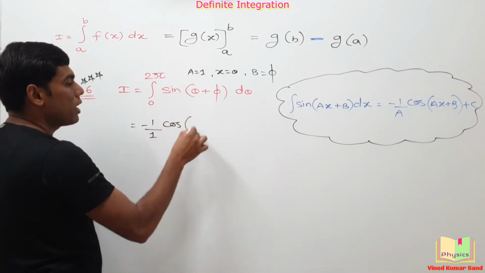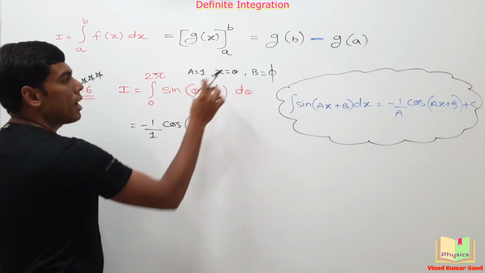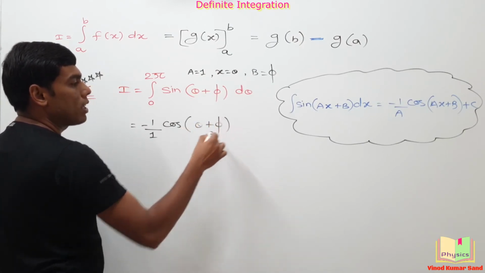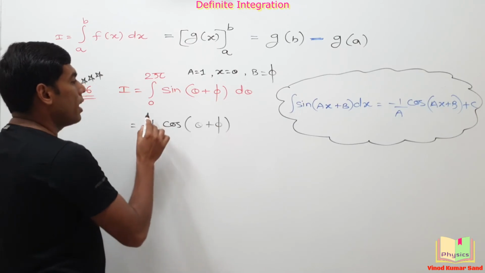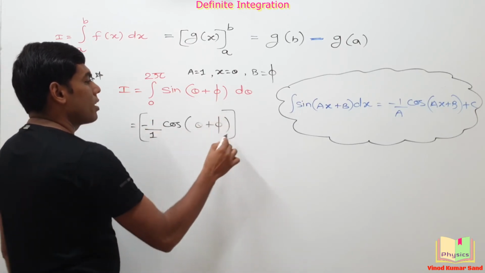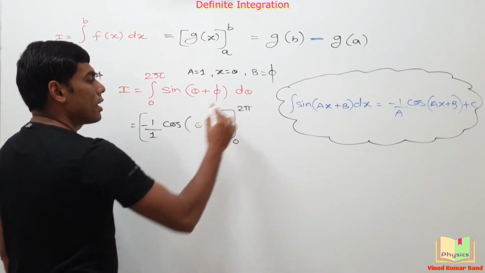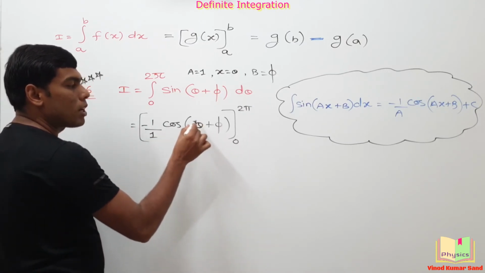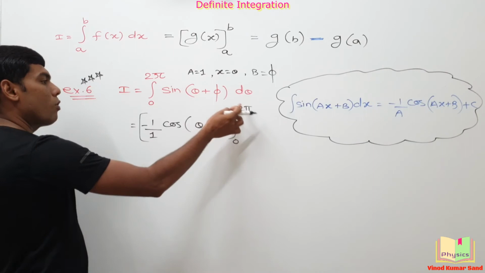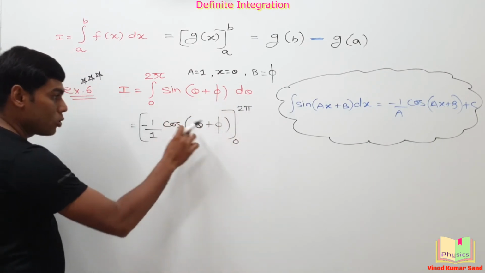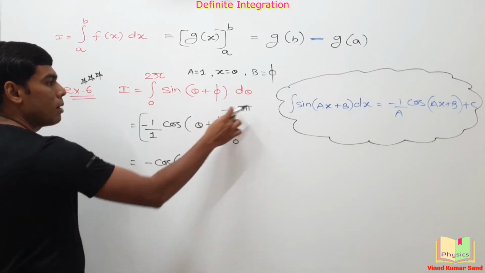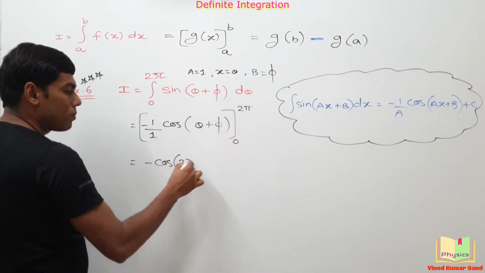Cos of ax plus b, ax plus b means theta plus phi. Okay, and this has the limit 0 to 2 pi radian. Now at the place of theta, we will be putting up the limits. First of all, we'll put the upper limit. So I am putting the data here. Minus cos, the upper limit is 2 pi.